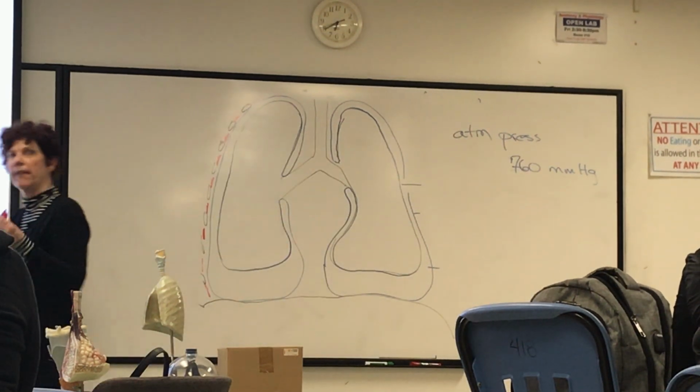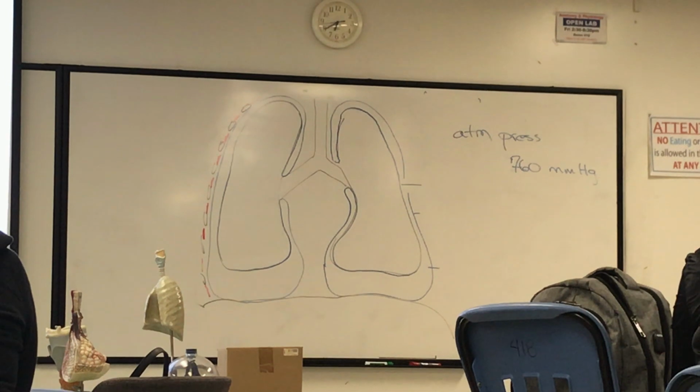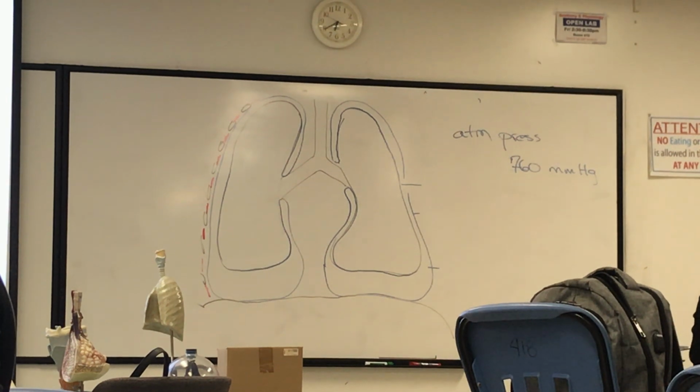If I open my mouth, what's the pressure inside my alveoli? If all I do is open my mouth. 760 millimeters of mercury. So to allow atmospheric pressure to push air into my alveoli, I have to lower it. And I lower it by moving my diaphragm and my chest wall.